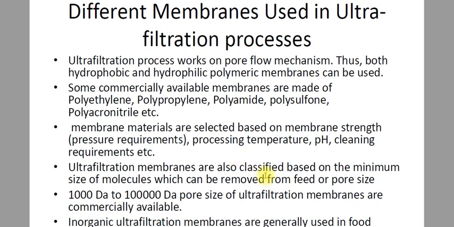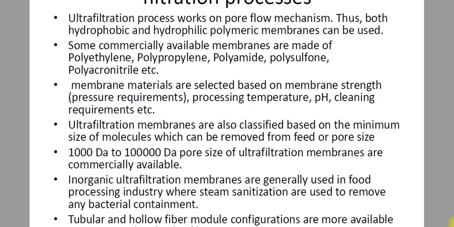Now ultrafiltration membranes are also classified based on the minimum size of molecule which can be removed from the feed, or the pore size of the membrane. If you go to the market to purchase an ultrafiltration membrane, the range of membranes present depends upon the pore size. It may come at around 1000 Dalton, or 5000 Dalton, or 10,000 Dalton pore size.